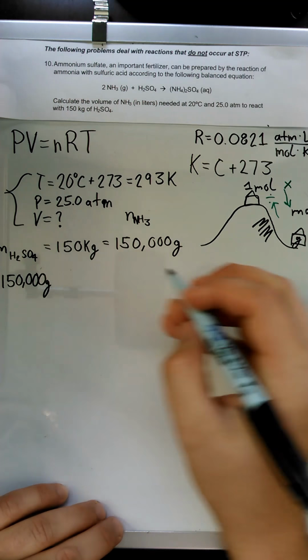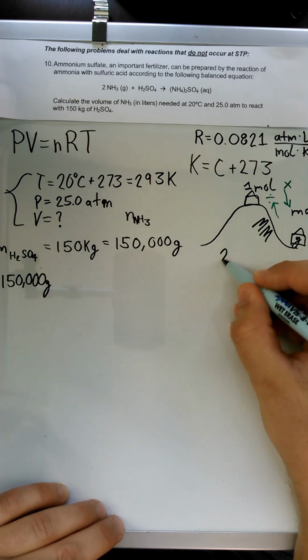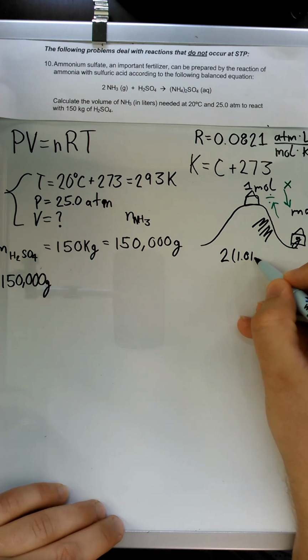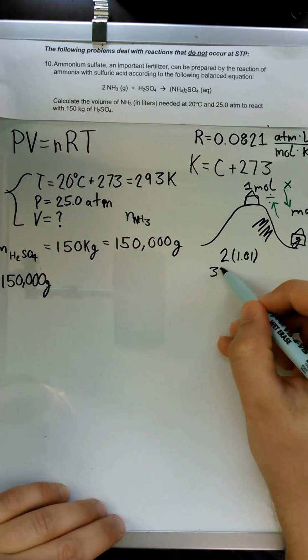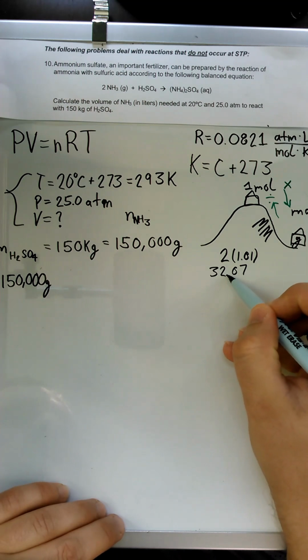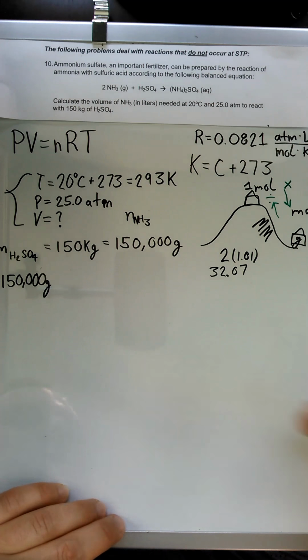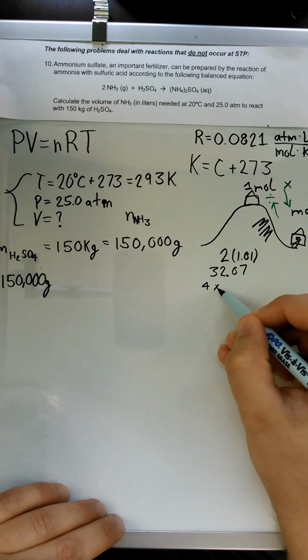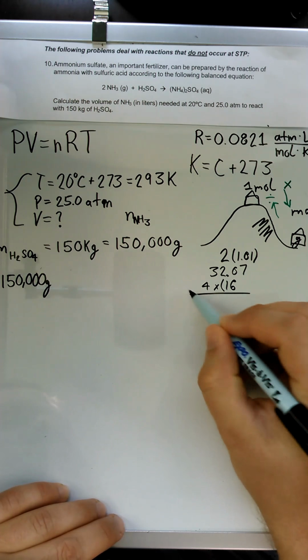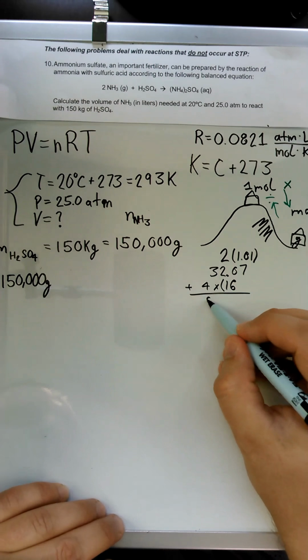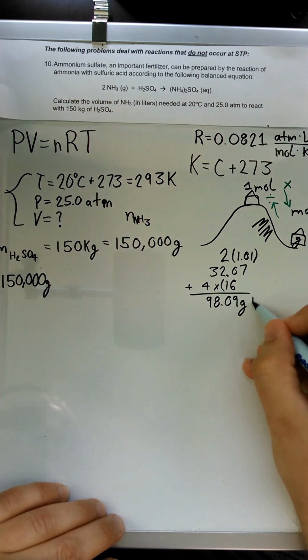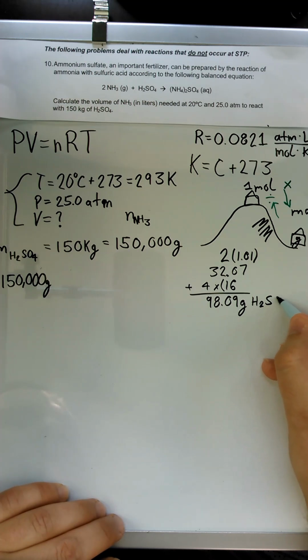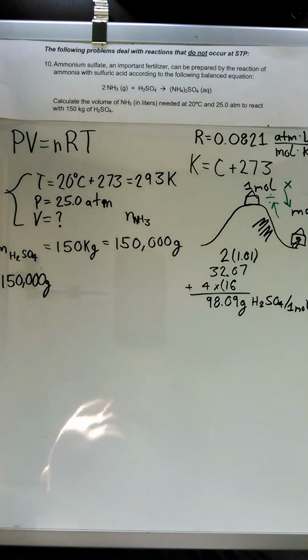Okay, we can go to our periodic table to calculate that molar mass. We have 2 hydrogen, so we have 2 times 1.01. We have 1 sulfur, which is 32.07 when we round. And we have 4 oxygen, so 4 times 16. When we add all these up, we get a molar mass of 98.09 grams of H2SO4 per 1 mole of H2SO4.